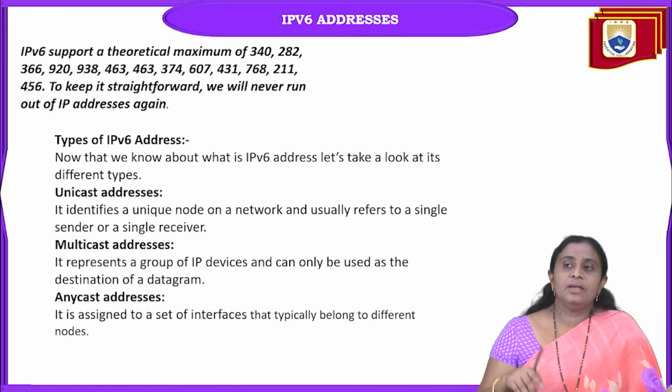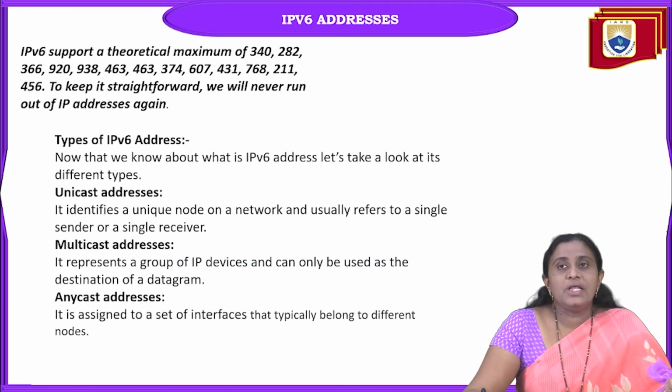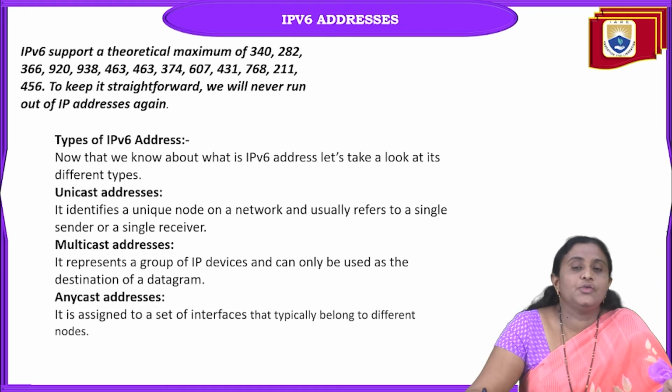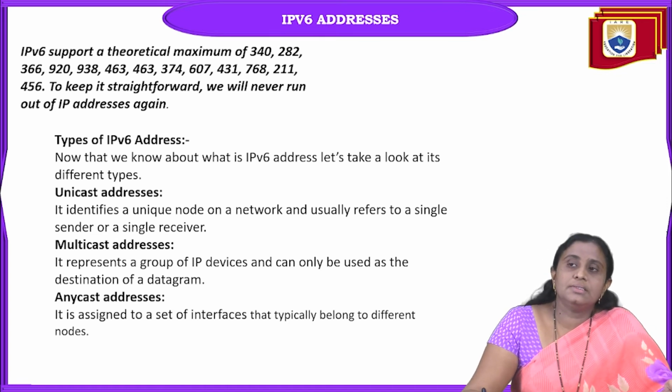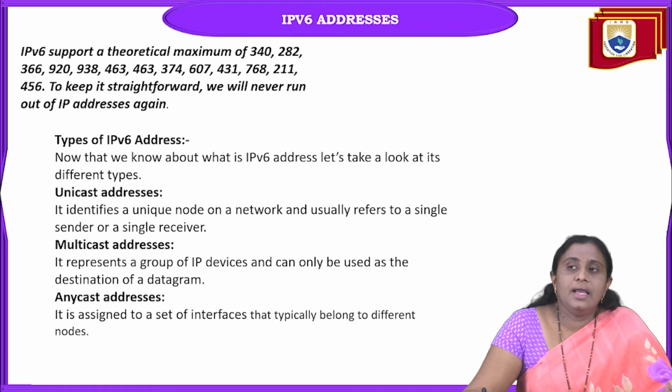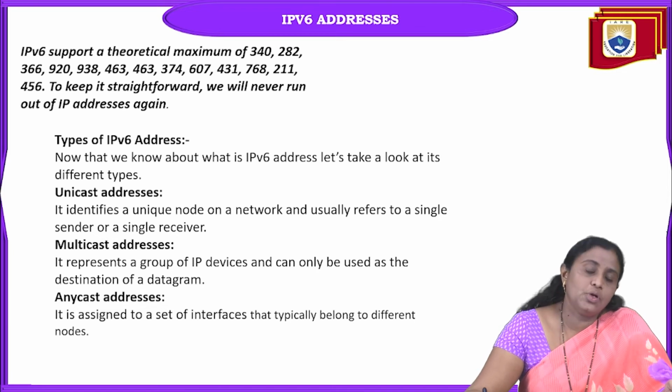And coming to this one, what is the supportive nature of IPv6 addresses? If you can determine or define, IPv6 supports a theoretical maximum of 340 undecillion, 282 decillion, 366 nonillion, 920 octillion, 938 septillion, 463 sextillion, 374 quintillion, 607 quadrillion, 431 trillion, 768 billion, 211 million, 456 addresses.